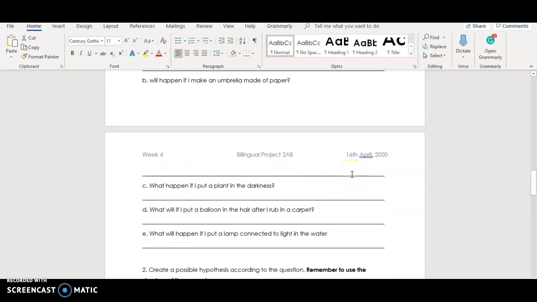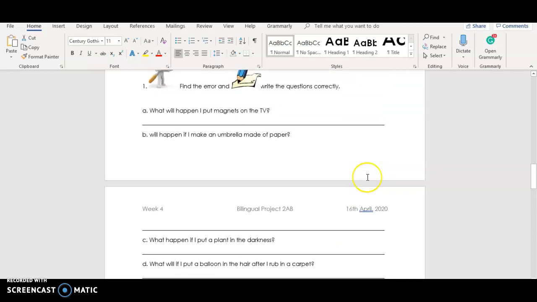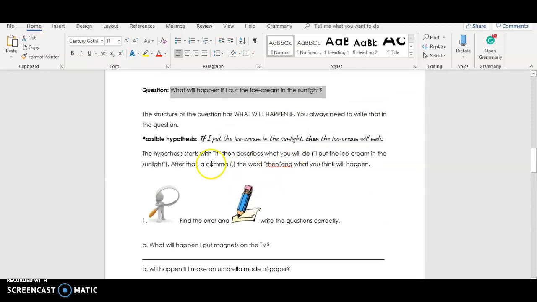Now, we are going to see how to make a hypothesis. The hypothesis is the sentence that appears after the question. What will happen if I put the ice cream in the sunlight?